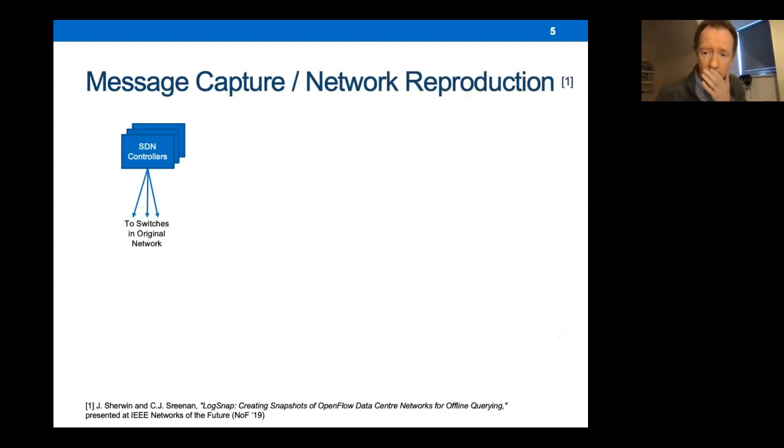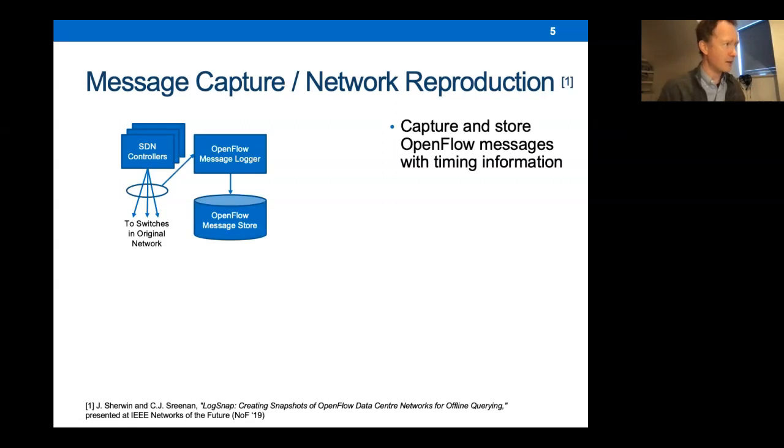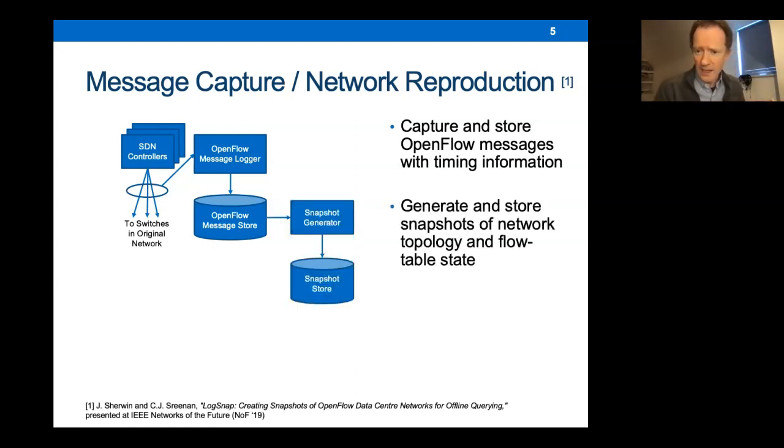In a paper that I presented at the Networks of the Future conference a few years ago, I described a system that we implemented to passively capture OpenFlow messages. So from an existing network, and having minimal impact on the operation of that network. Just passively capture the messages and store them, process the messages in the store to produce snapshots of the network state at time intervals.